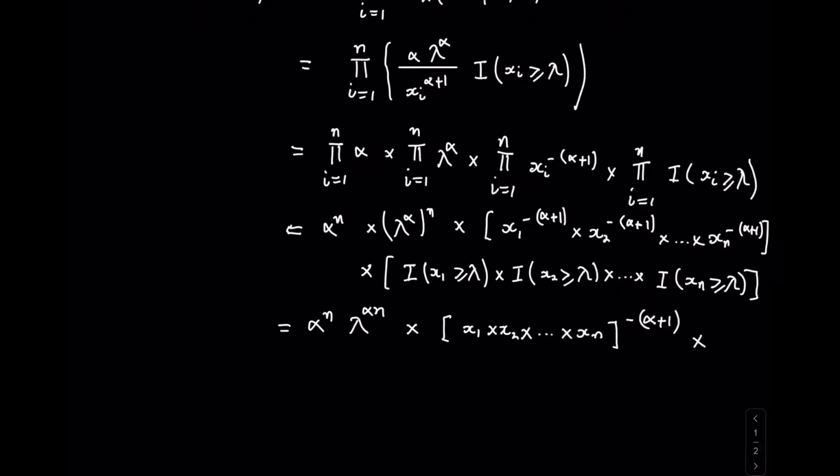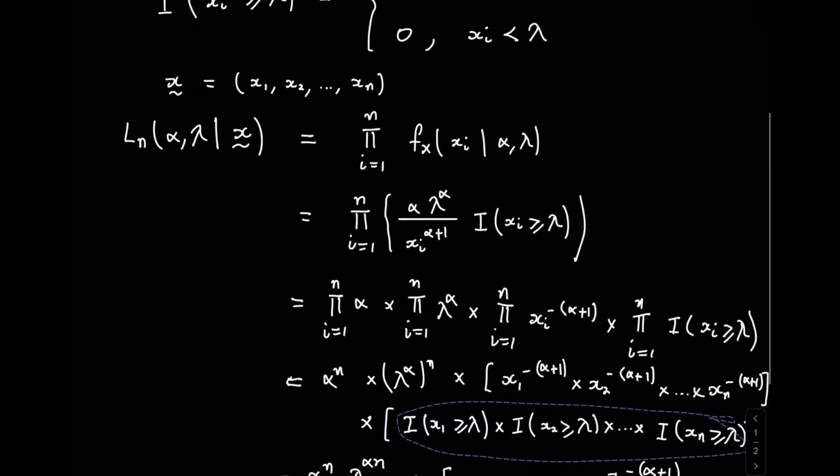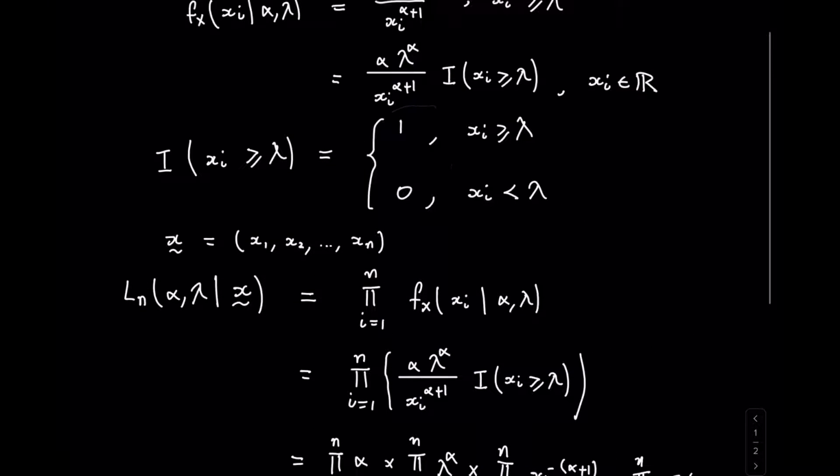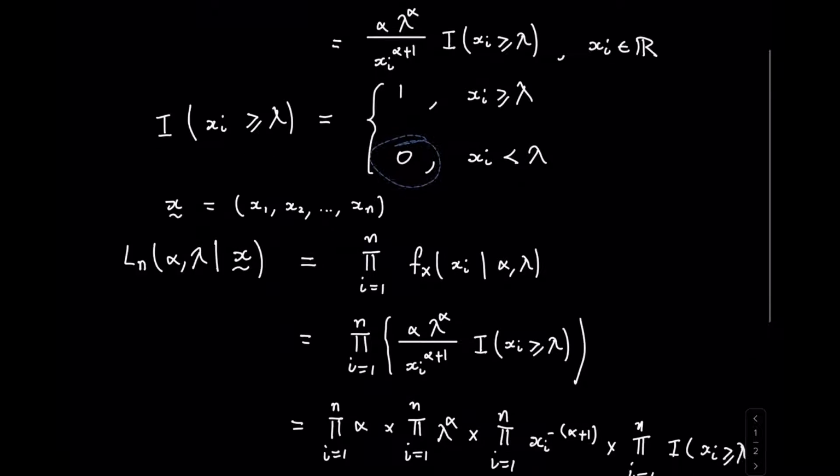And then we've got the product of indicator functions still, and this is a very important fact down the bottom when we're trying to simplify the indicator functions. Indicator functions, remember, are a binary sort of function where they can take either a value of 1 or a value of 0.